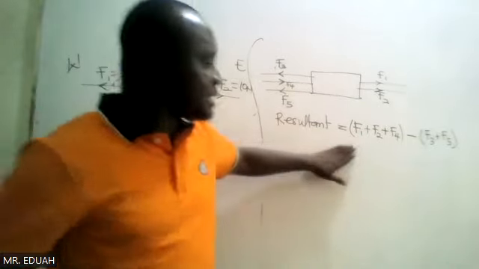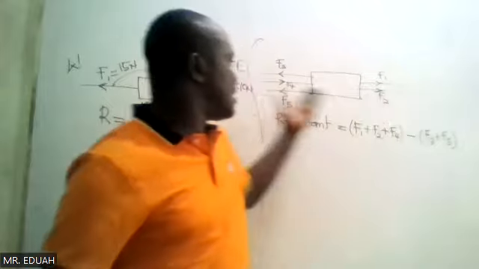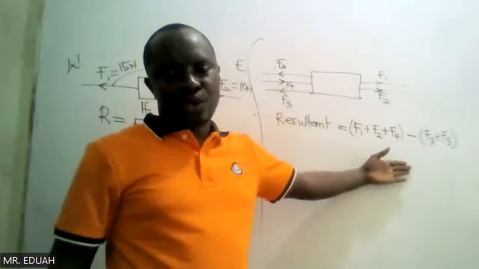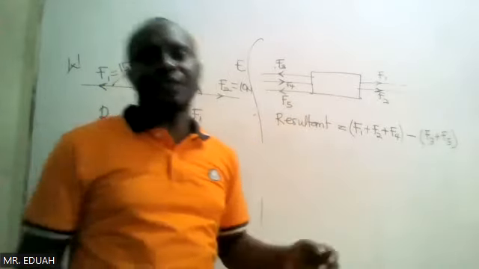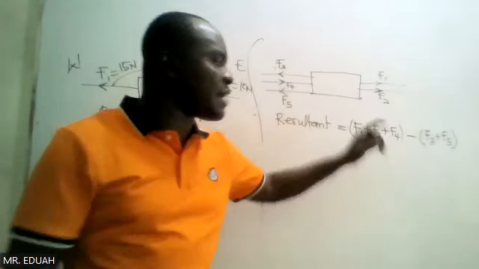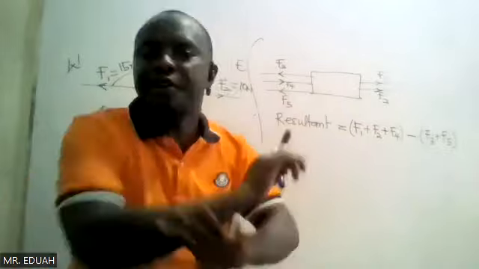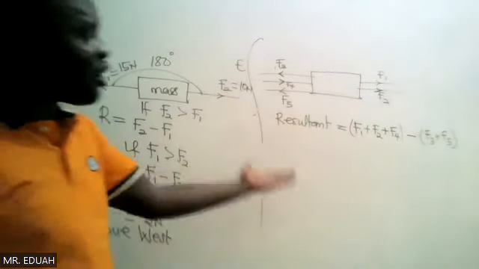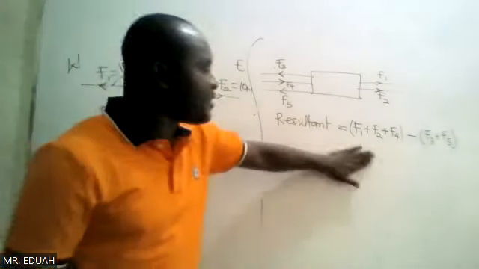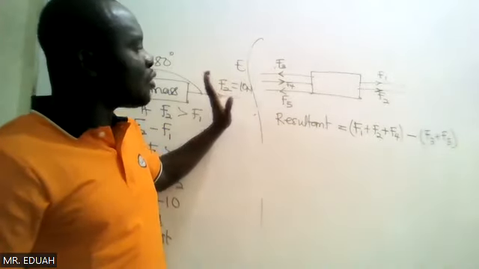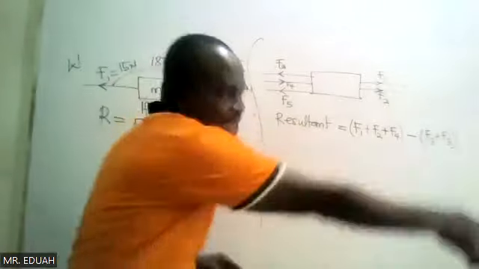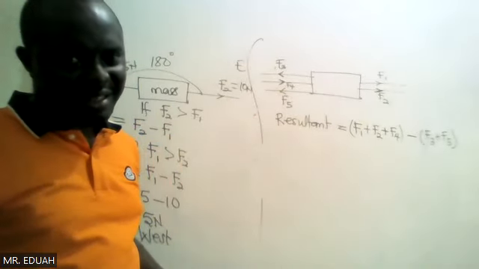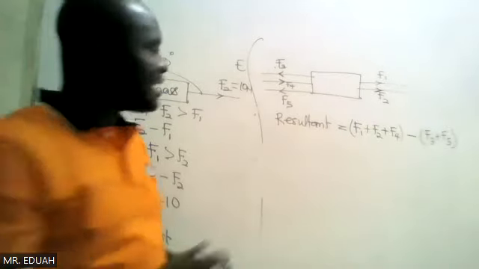So when we sum, if this is greater than those ones in this direction, then this will be the resultant. The direction of the resultant is always the direction of the larger force. Also, it's obvious the direction of the resultant will be all those ones to my right. Class, are we okay?